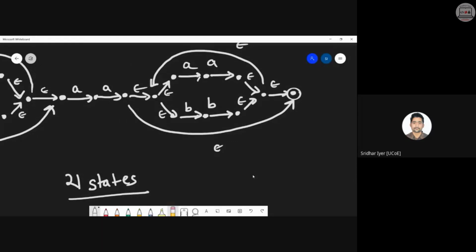You can add n number of epsilons in between, that is still acceptable, but don't skip the minimum number of states that should be present. Clear? 21 can become 24 by adding three extra epsilons, but 21 cannot become 19. Clear?